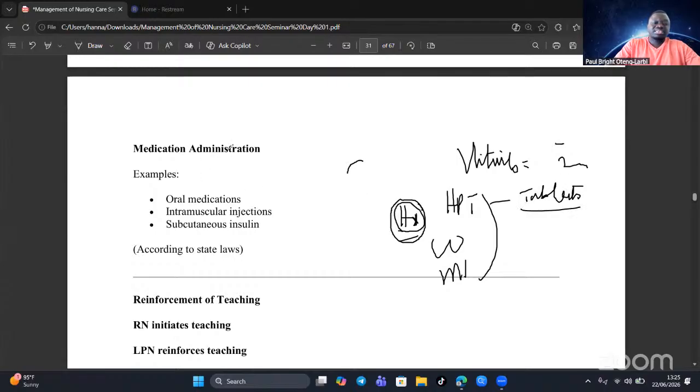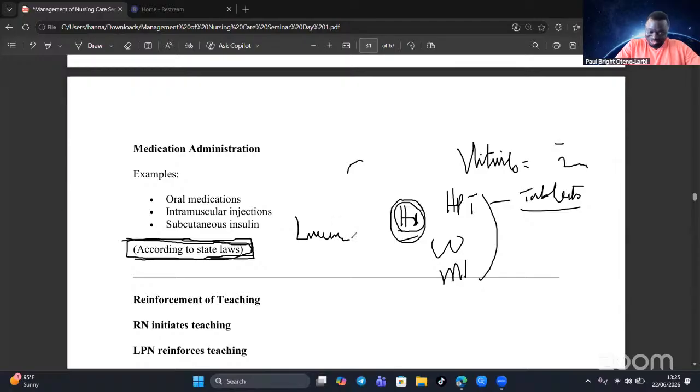We can give it to the LPN because she is licensed to do that. So oral medications, IM, subcut, according to state law, as I've put in brackets. If the state you are in does not allow the LPN to give it, don't say it's because they are licensed.